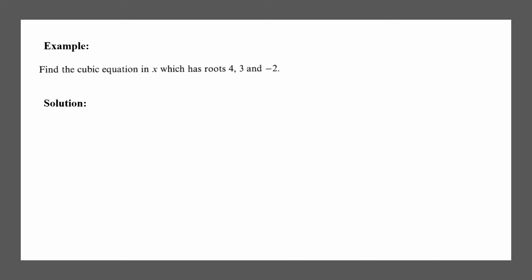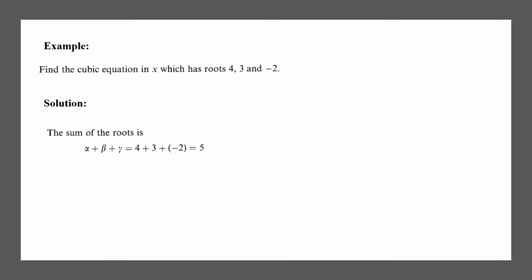Now let's take an example and see how this relationship is applied. The question is, find a cubic equation whose roots are 4, 3 and minus 2. So we are asked to find an equation, the roots are given. So now we are going to make use of the relationships that we have seen earlier and try to find the equation.